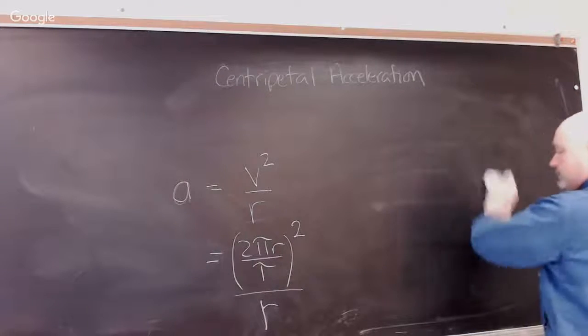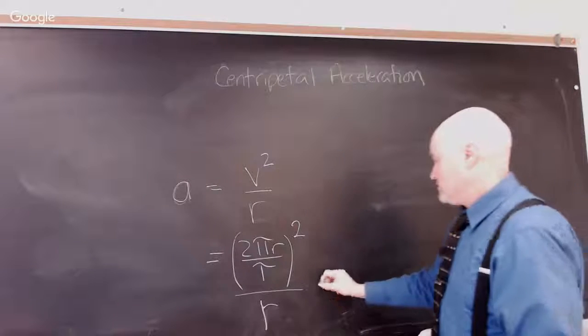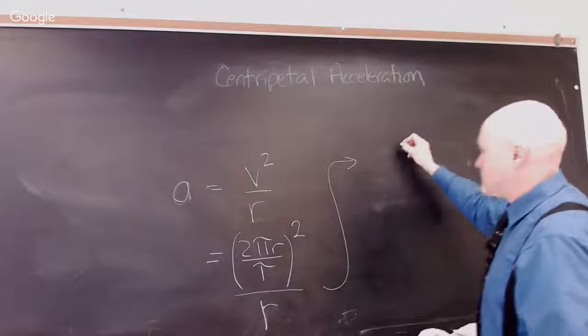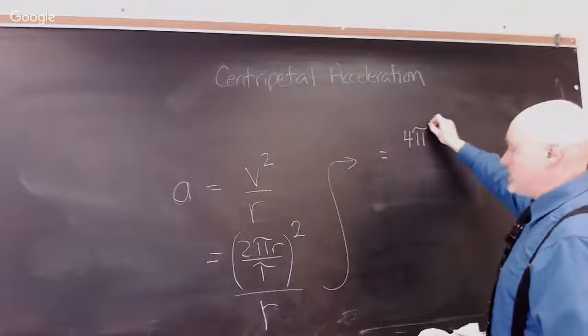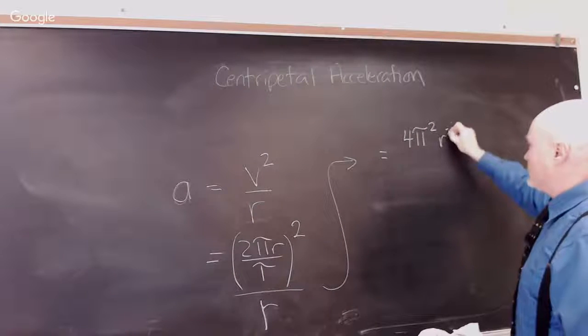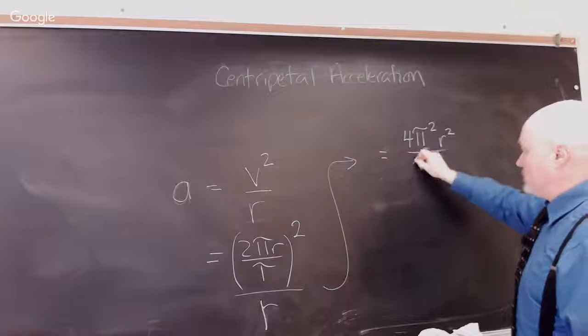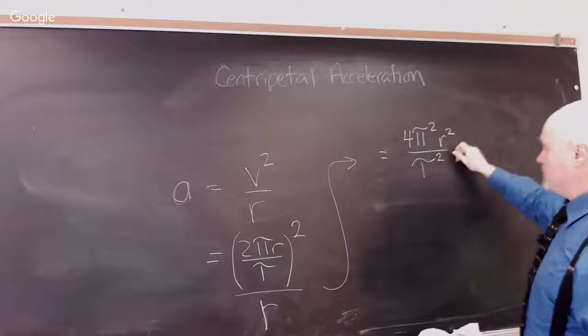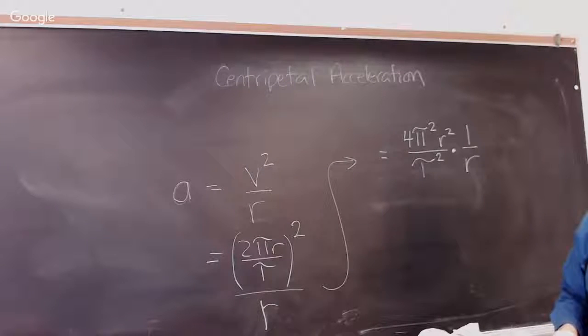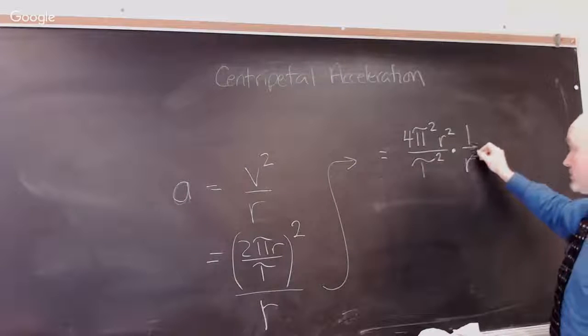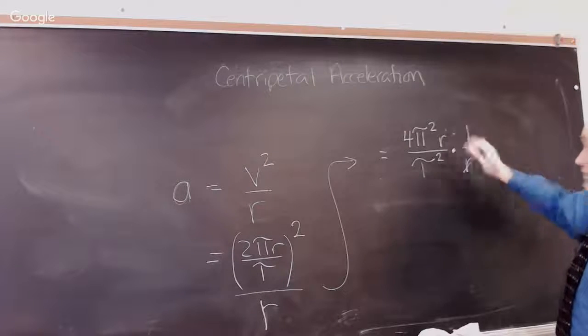Let's get ready. Let's do some of that fraction stuff. So in other words, this is equal to 4 pi squared r squared over the period squared, and we're dividing by r, which is the same as multiplying by 1 over r, and we can cancel out an r.